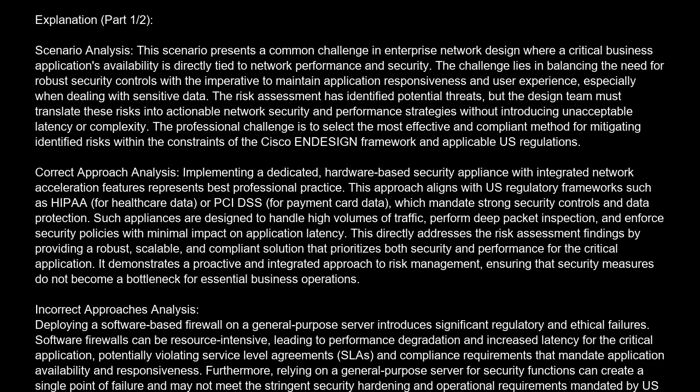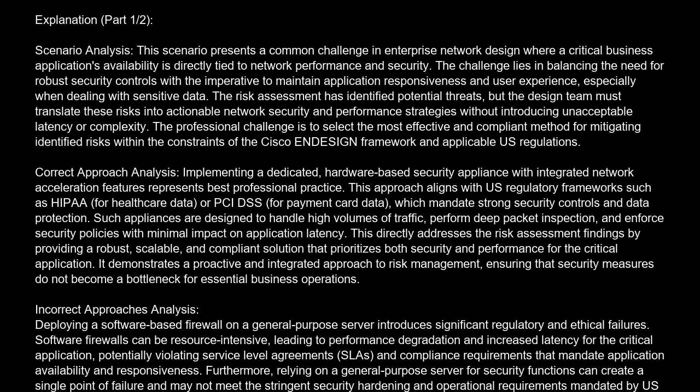Explanation. Scenario analysis. This scenario presents a common challenge in enterprise network design, where a critical business application's availability is directly tied to network performance and security. The challenge lies in balancing the need for robust security controls with the imperative to maintain application responsiveness and user experience, especially when dealing with sensitive data.